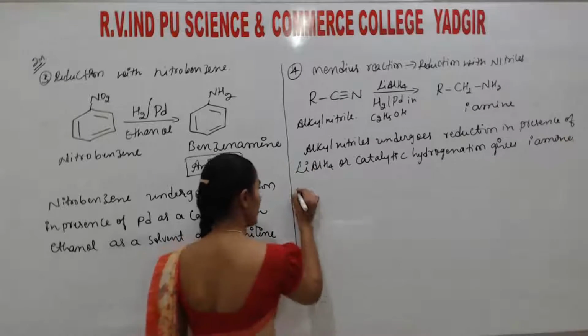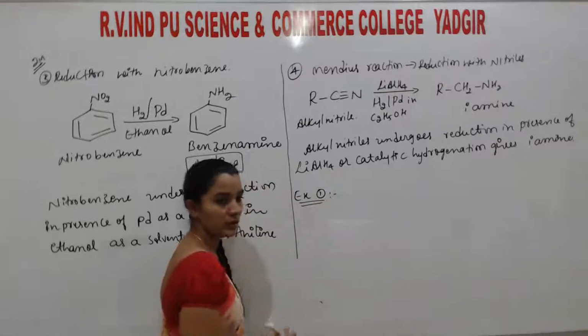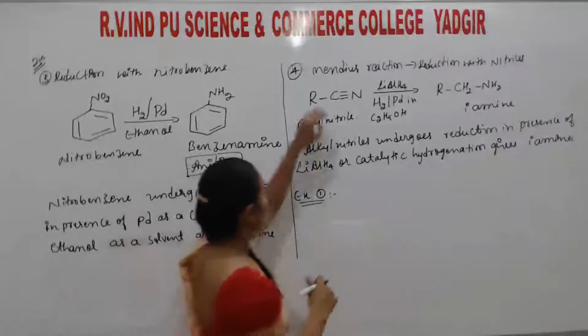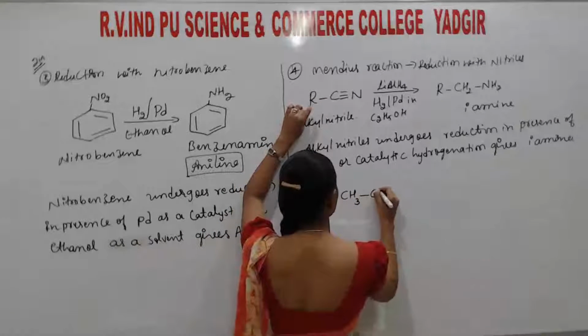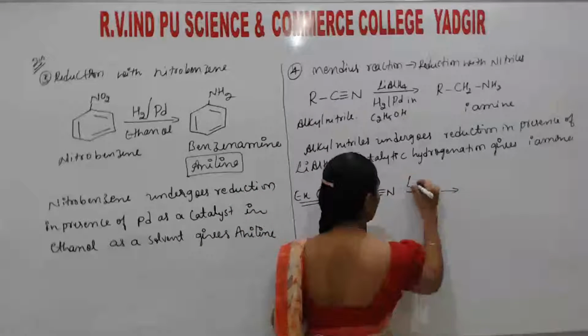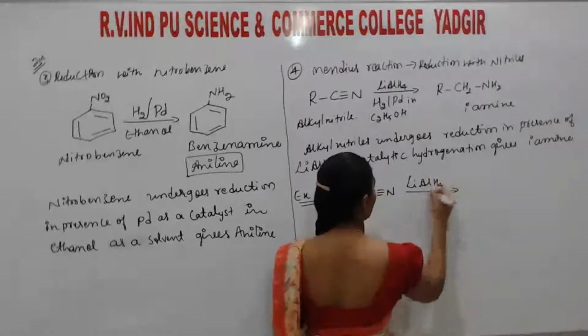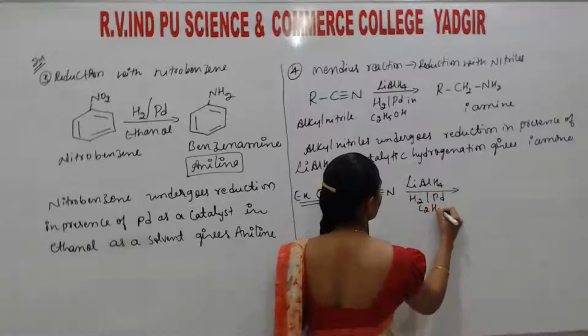So if you take an example for next year, in the place of R, just replace it with CH3, so CH3 C triple bond N, followed by lithium aluminium hydride or catalytic hydrogenation.